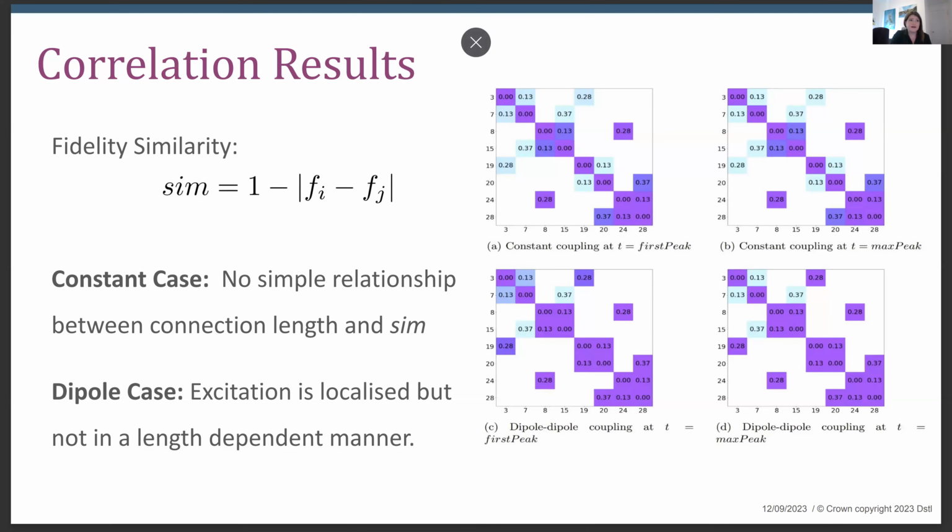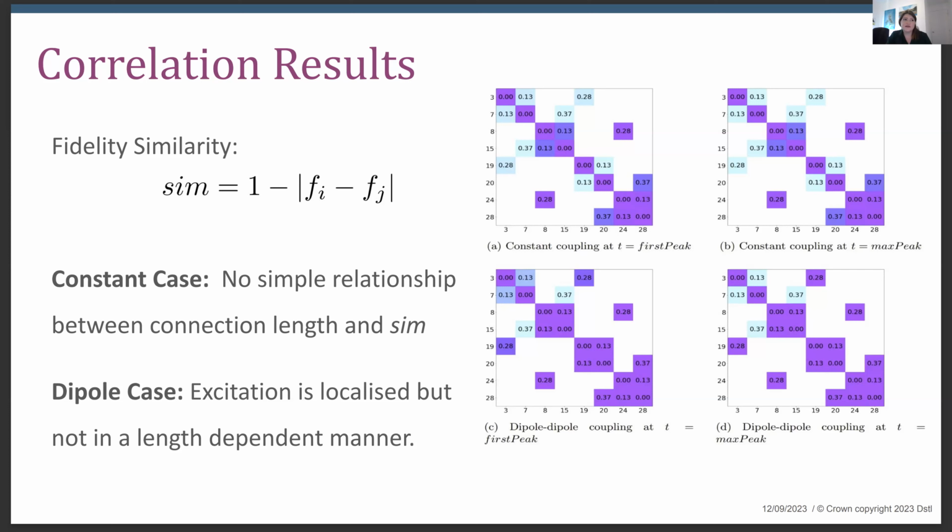So to better compare this simulation to the Los Alamos data, we wanted to compare the fidelities of connected nodes. So in these figures, each square represents an edge connecting the nodes labeled at its X and Y positions. And the squares are labeled with the length of that connection, just as a reminder, and colorized by the similarity of fidelities in the equation above.